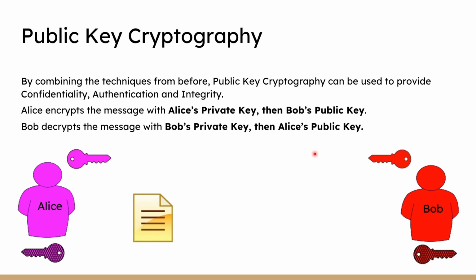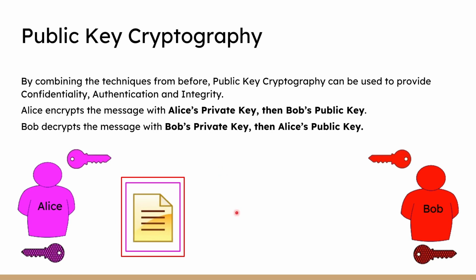So here's another little graphic. Alice uses her private key to encrypt it, and then she uses Bob's public key to encrypt. So there are two layers of encryption here.